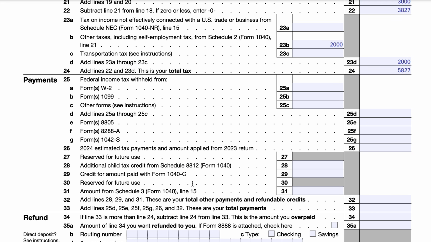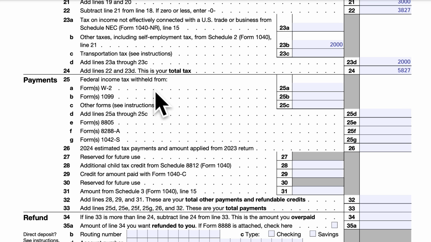So let's go ahead and start with the tax payments. These summary items from line 25 are all different types of forms where federal income tax is withheld. With your W-2, if you're a W-2 employee, that means that you have a job with an employer and you are specifically having taxes withheld.